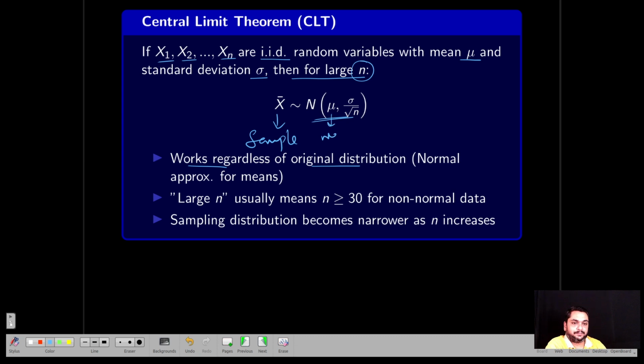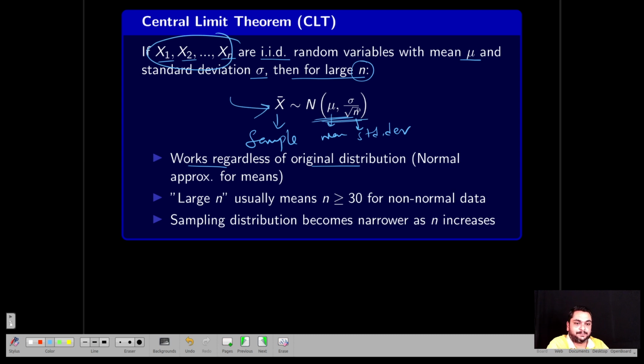This is the mean and this is the standard deviation. This is the definition of central limit theorem. If you are given n independent and identically distributed random variables with mean mu and standard deviation sigma, then whatever data you get in this distribution can be mapped to a normal distribution with these parameters.